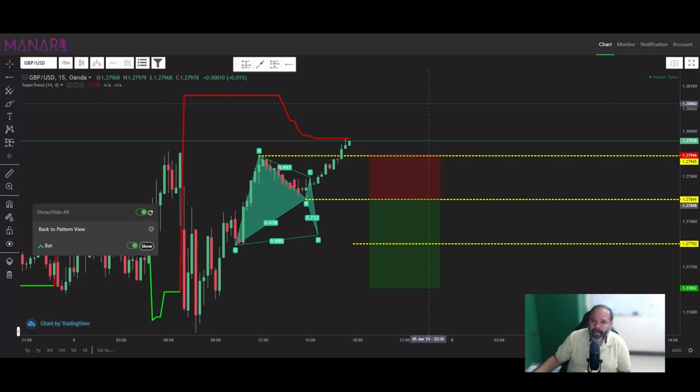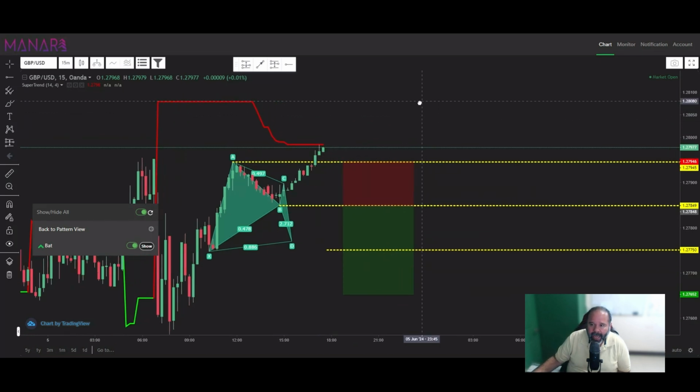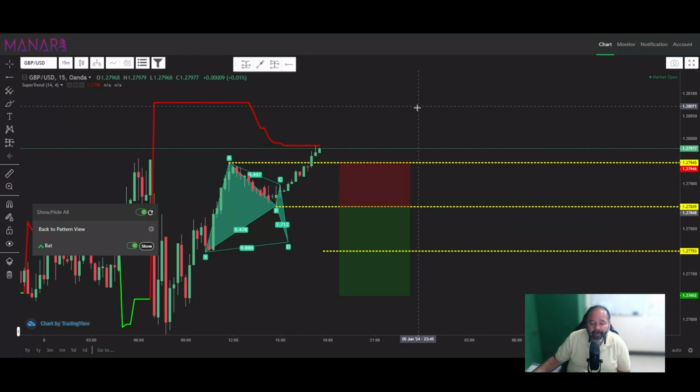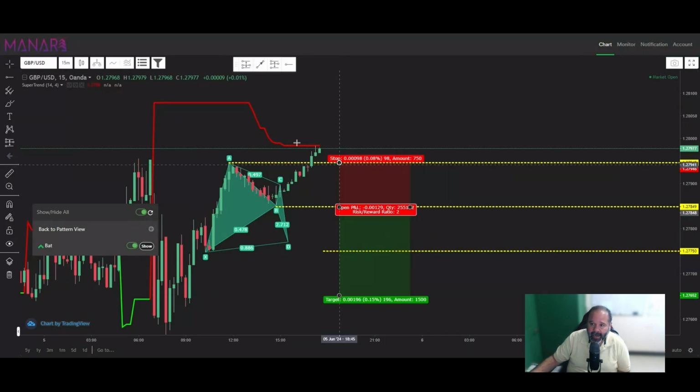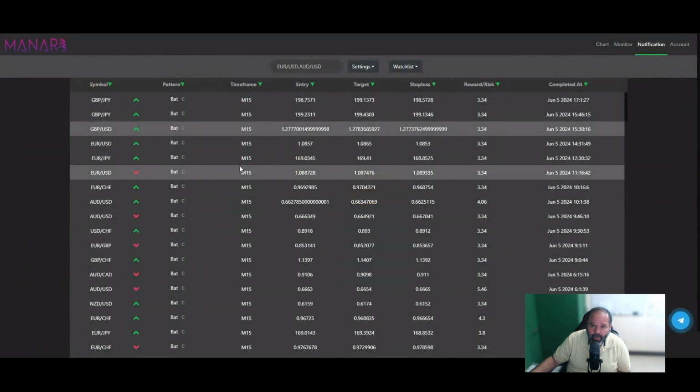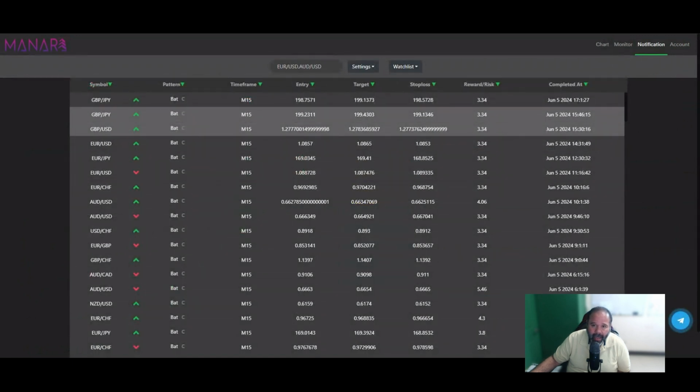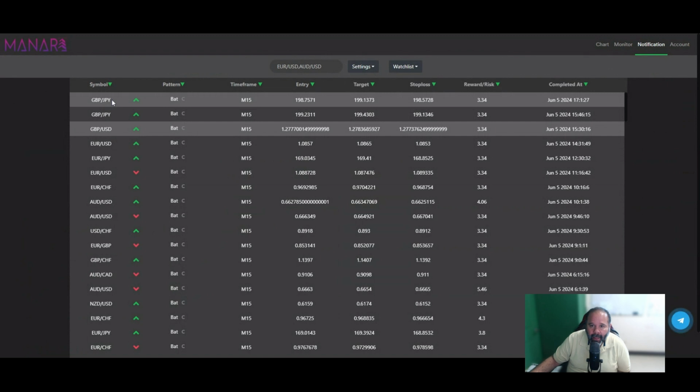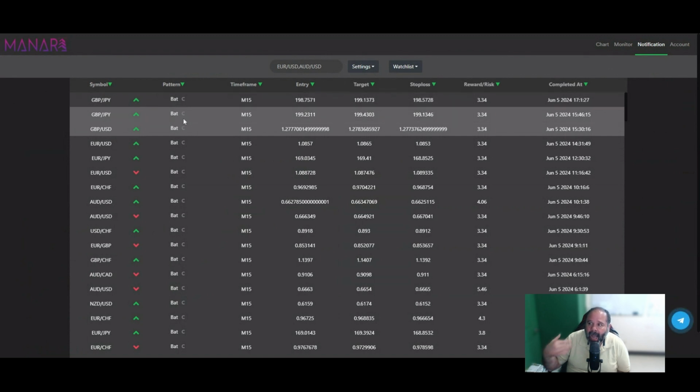Now, another way of canceling it, even when there's no trend change, is when you get another notification. Like here you have GBPJPY and then you got another GBPJPY. I personally always use the last notification.